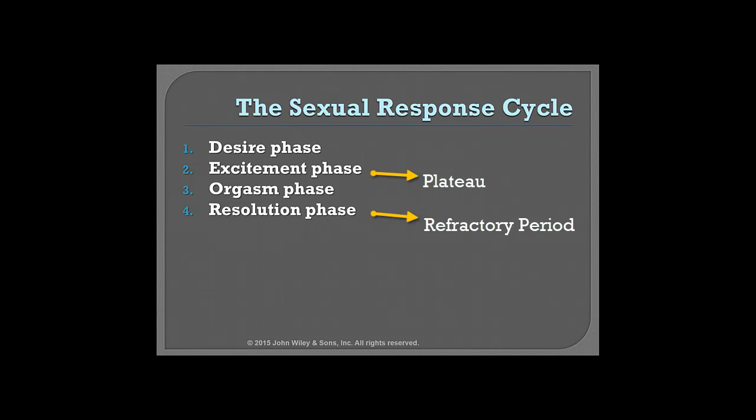Men, on the other hand, when they are young, have a shorter refractory period than when they are older. Once they start to get into their 20s and 30s, the refractory period becomes longer and longer. It lengthens into their 40s and as they continue to age, so it takes more time for them to become physically aroused.